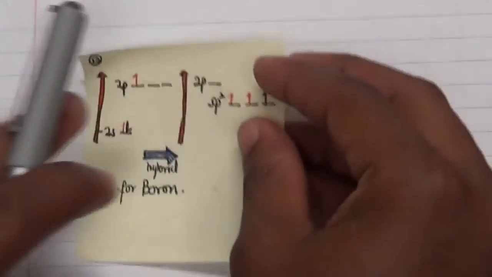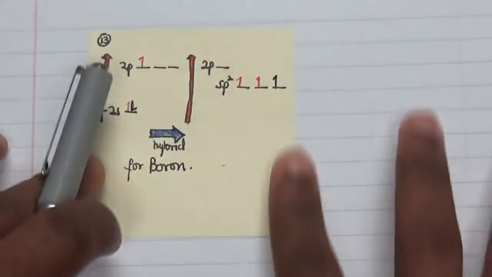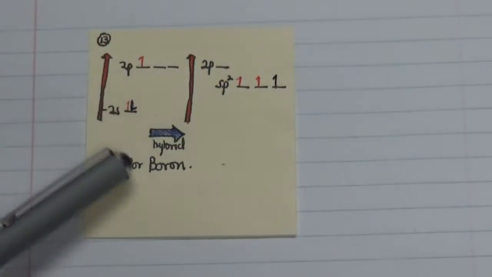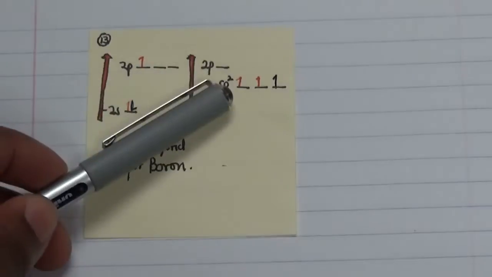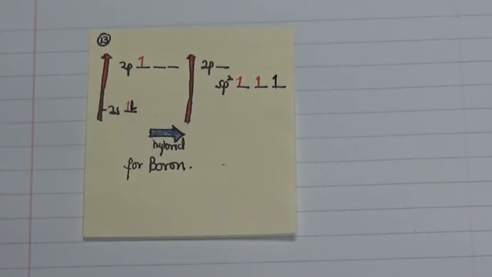This sticker note here shows how boron is being transformed from its atomic orbital state into its hybridized orbital state.